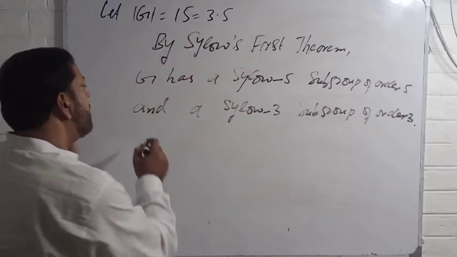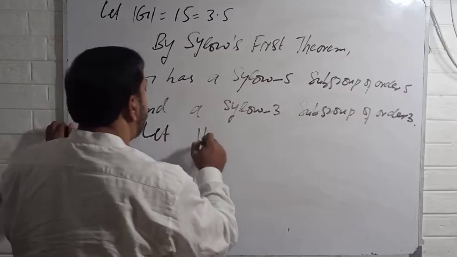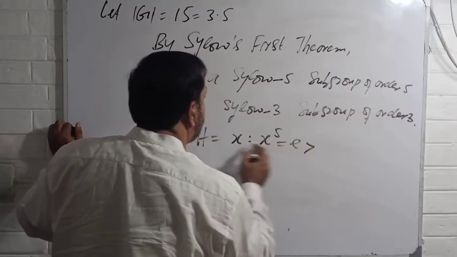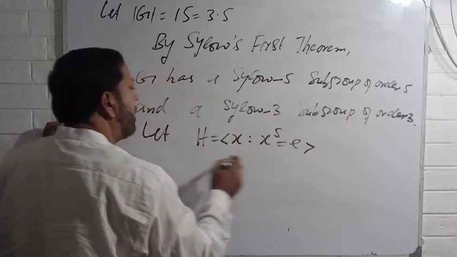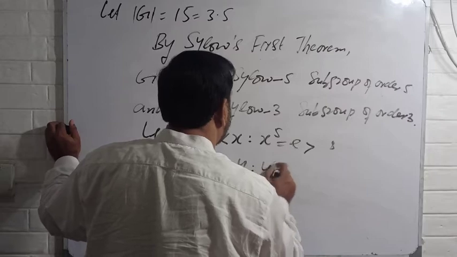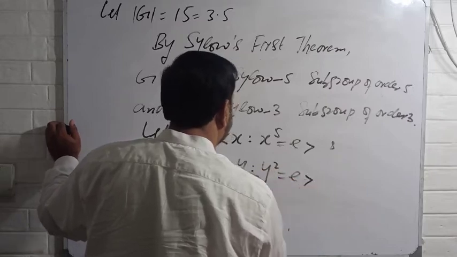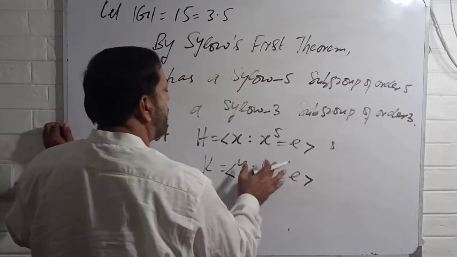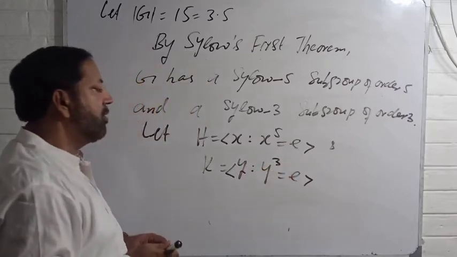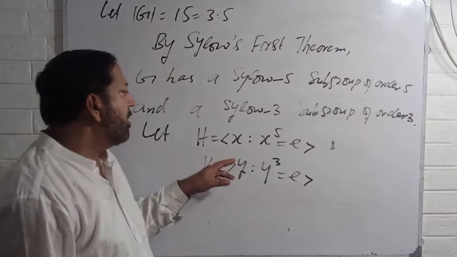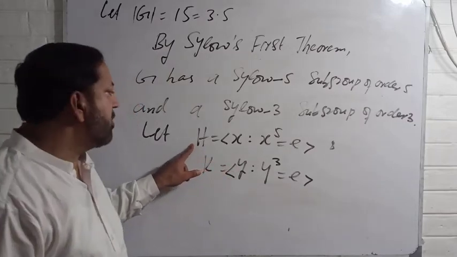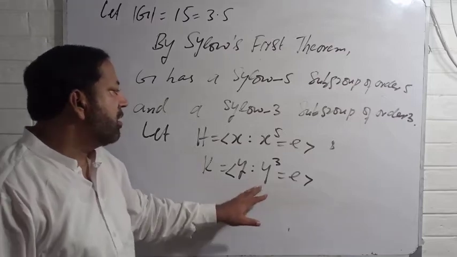Okay, so let H be generated by x, so that x to the power 5 is equal to e, and K be generated by y, so that y squared is equal to e, y cubed is equal to e. Look at this: I have taken H as the Sylow 5 subgroup, and K is the Sylow 3 subgroup.